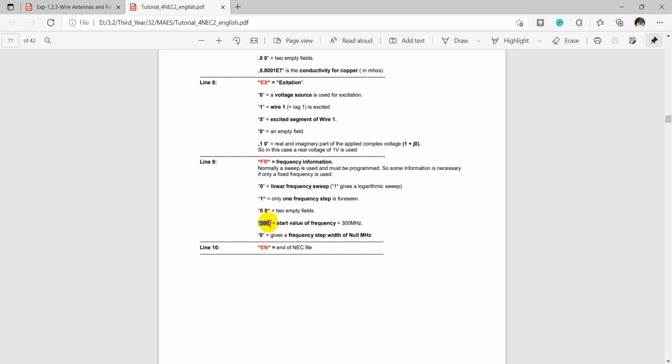Then the 300 indicates the frequency of 300 megahertz, at which the antenna can generate radiation and transmit or receive. The final 0 gives the frequency step width of null megahertz, and finally the end of the NEC file.